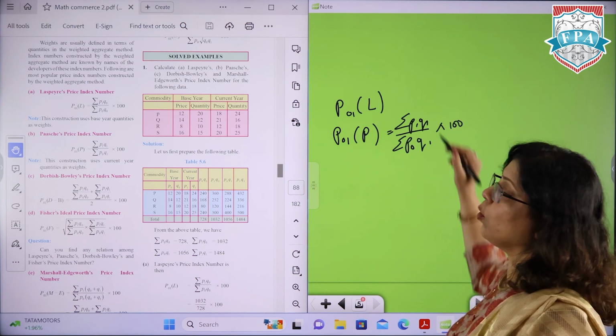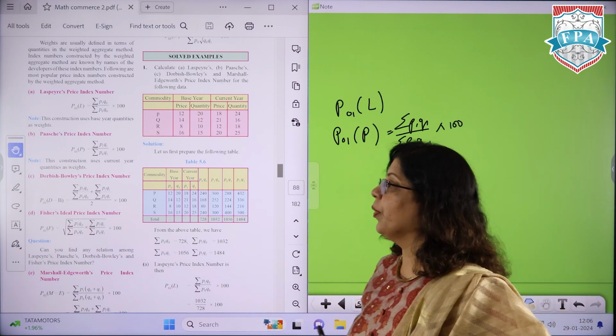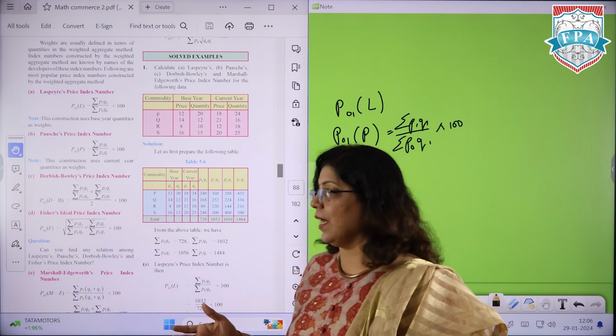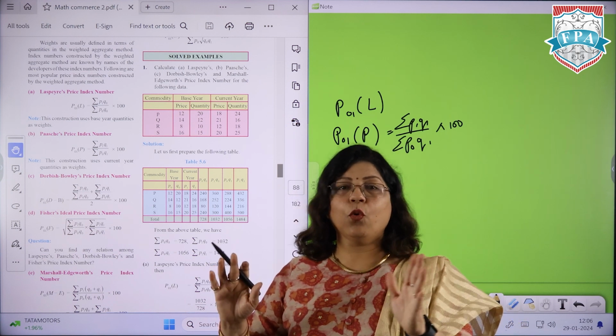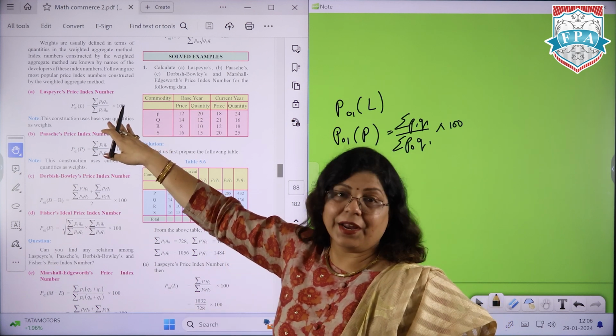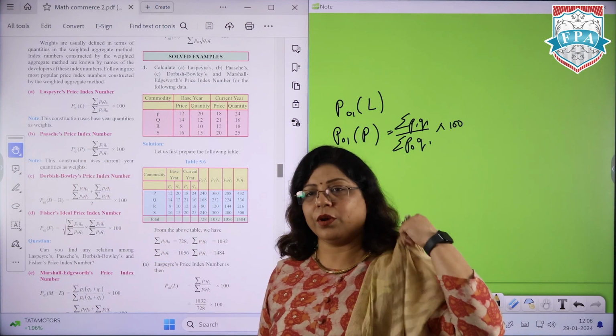For the first one, both the weights were Q naught. For second one, Q1. Now, Drobish and Bowley, that was the third one, they decided that we can't ignore anyone because Laspeyres has ignored the current year quantity, Paasche has ignored the base year quantity.